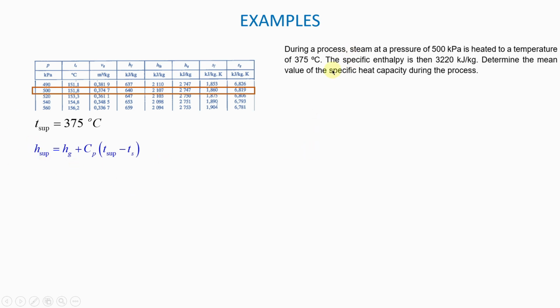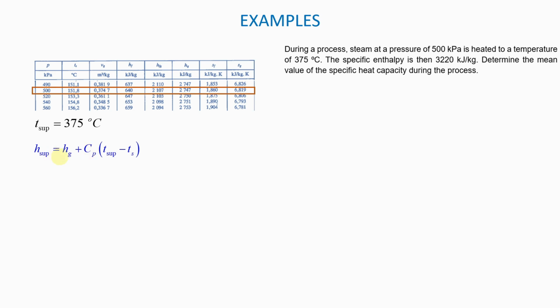In this question, we are given the specific enthalpy for this steam, and since this steam is superheated, this enthalpy is superheated enthalpy, and it is given by this equation here. What they want us to find is Cp, the specific heat capacity of superheated steam, this Cp here.